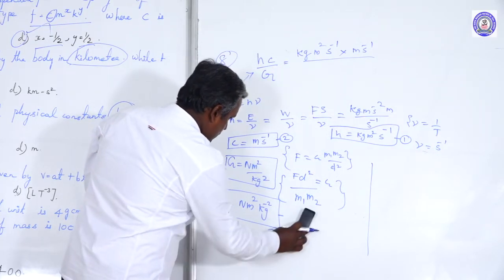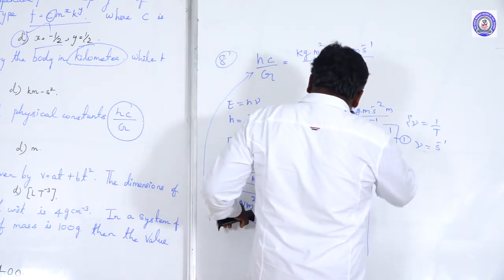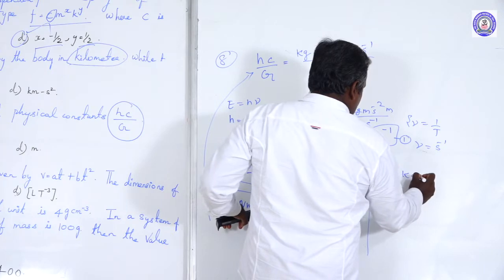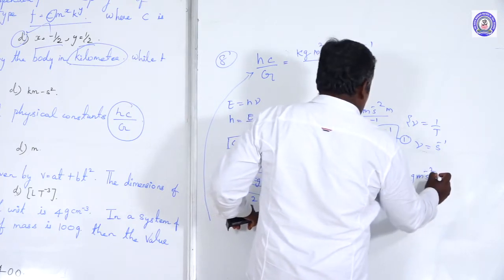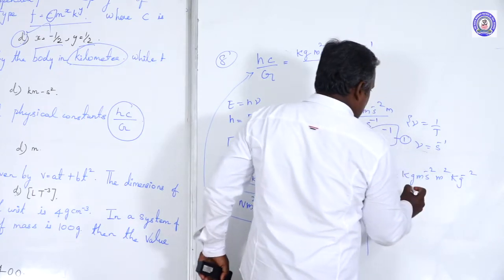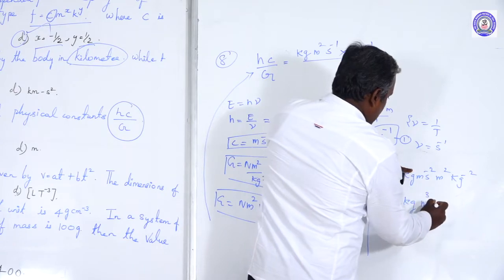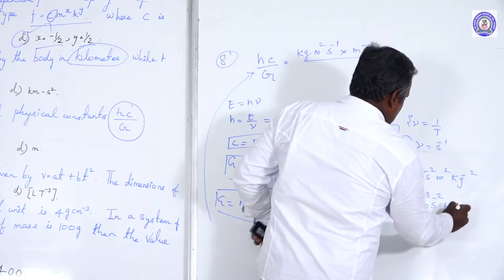Therefore G is equal to, for Newton force, kilogram meter per second square, so kilogram meter cube s power minus 2 kilogram power minus 2.